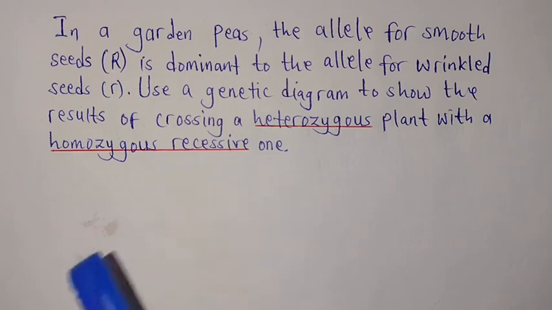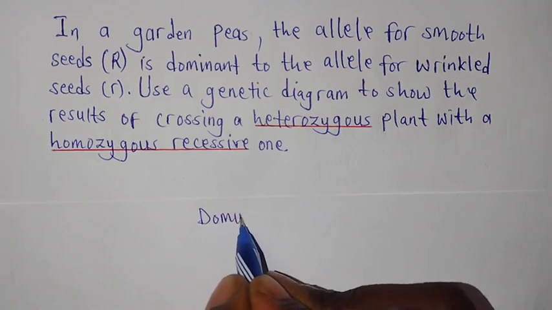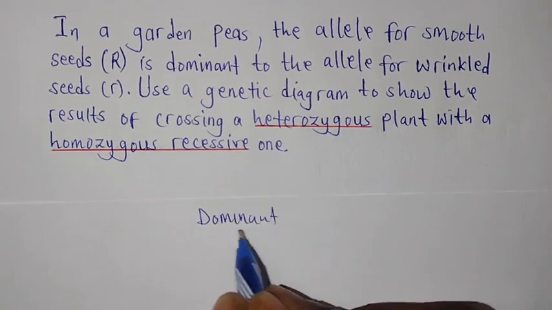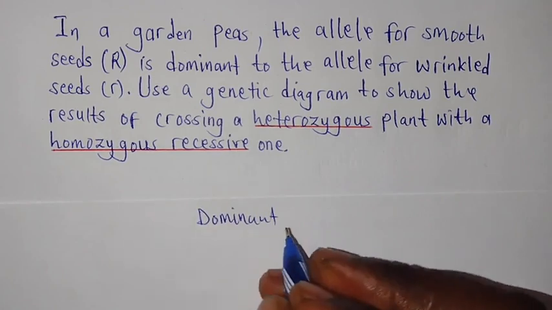Here there is certain information that you must know. You have to take into consideration two words. The first is dominant. Dominant means we are looking at alleles that are expressed more in a phenotype.